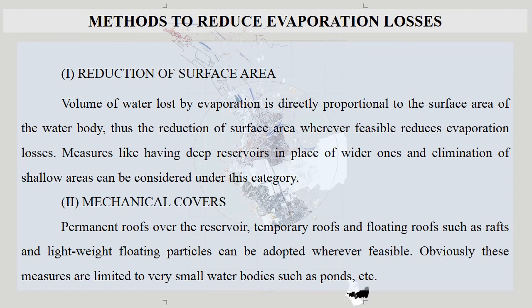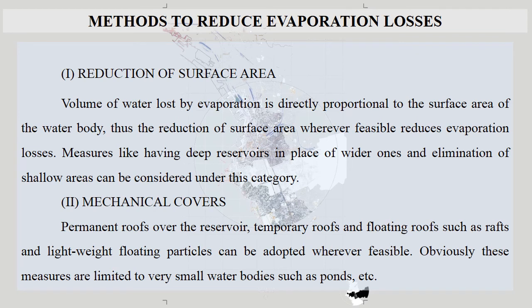One, reduction of surface area. Volume of water lost by evaporation is directly proportional to the surface area of the water body. Thus, the reduction of surface area wherever feasible reduces evaporation losses. Measures like having deep reservoirs in place of wider ones and elimination of shallow areas can be considered under this category.